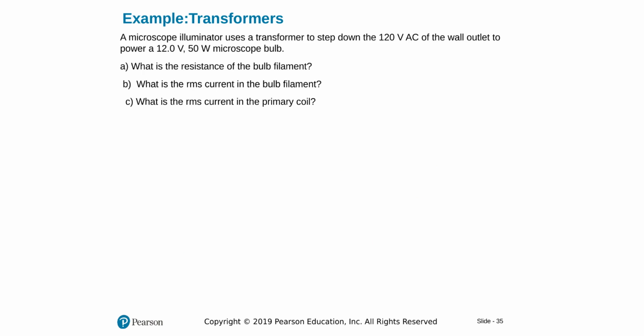This question is about transformers. A microscope illuminator uses a transformer to step down 120 volt AC. I'm going to try to draw a figure here. Here is how we represent transformers in a circuit.